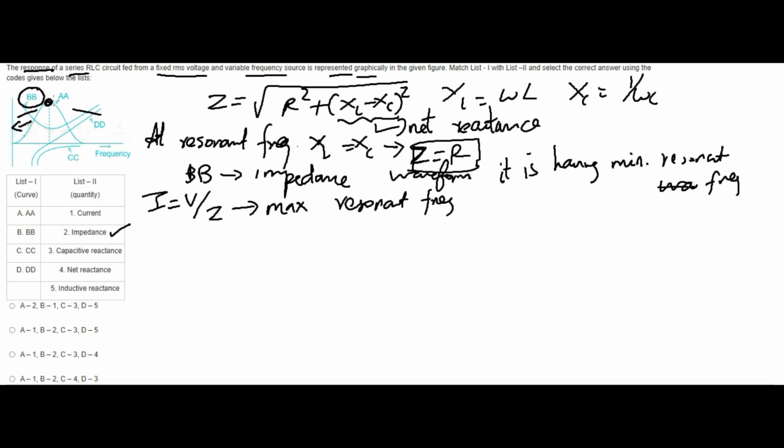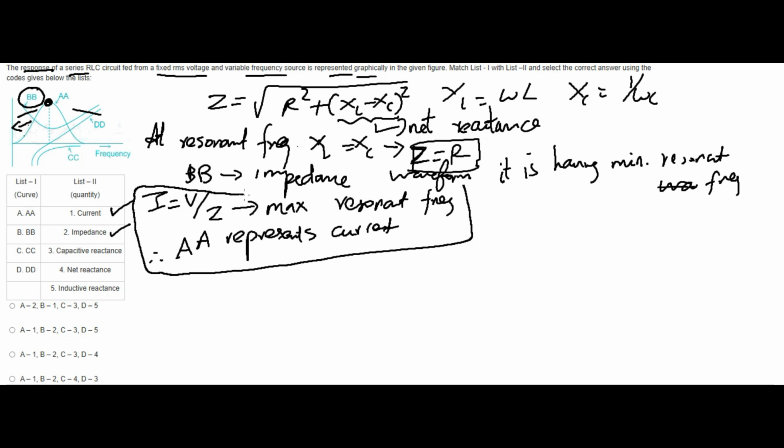It's the max of maximum. This is the AA point. So AA represents the current. Never forget. Because I is equal to V by Z, it represents the maximum at the resonant frequency. So AA belongs to current only.